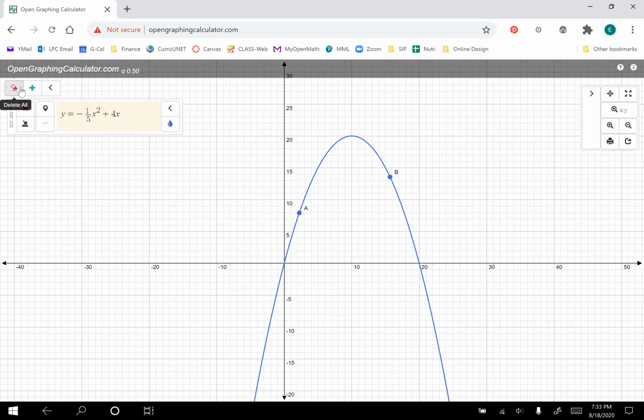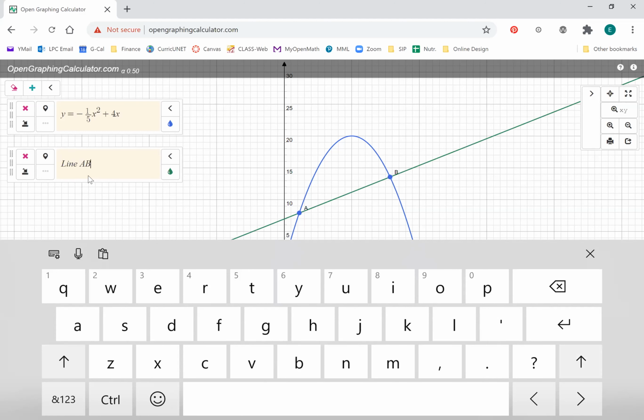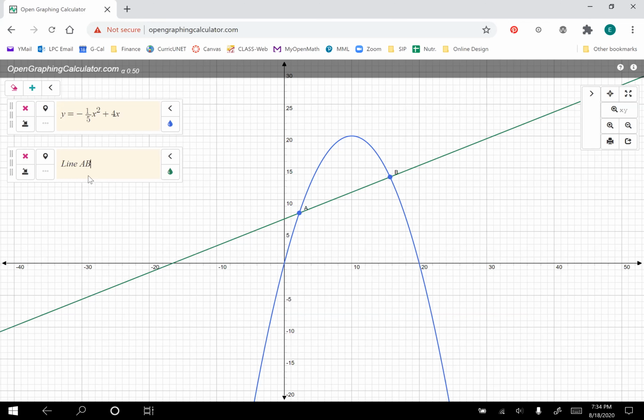All right. Now we are going to add another graph because we'd like to create a secant line between those 2 points. So it's pretty easy on here. You just type in line A, B, and it puts a line between points A and B. All right.